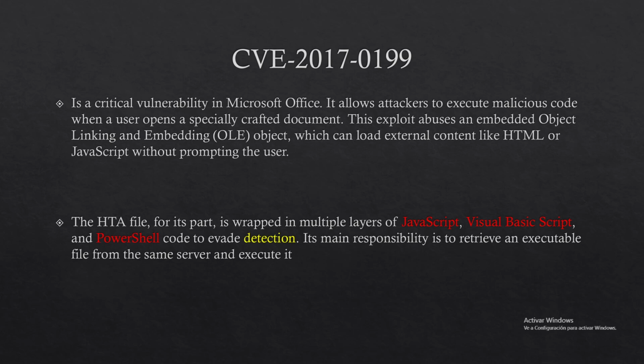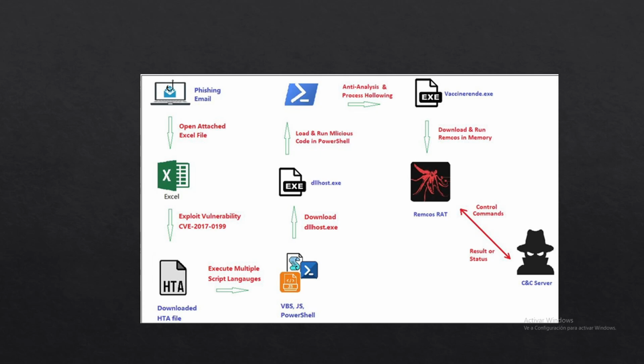So this HTA file, for its part, is wrapped in multiple layers of JavaScript, Visual Basic script, and PowerShell code to evade detection. Its main responsibility is to retrieve an executable file from the same server and execute it.